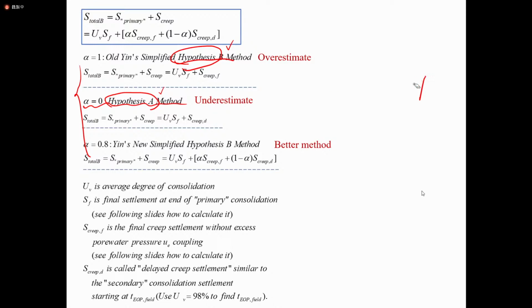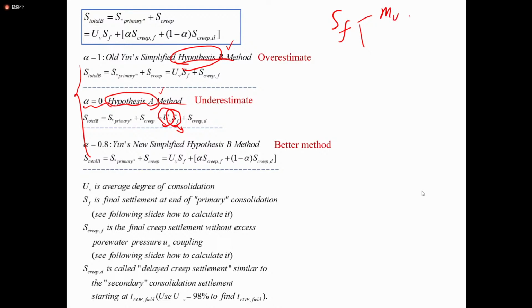So for hypothesis A, we have two items. The first item is the average degree of consolidation multiplied by the final strain or final settlement, okay? This final settlement is easy to calculate, okay? For SF, we have two methods.